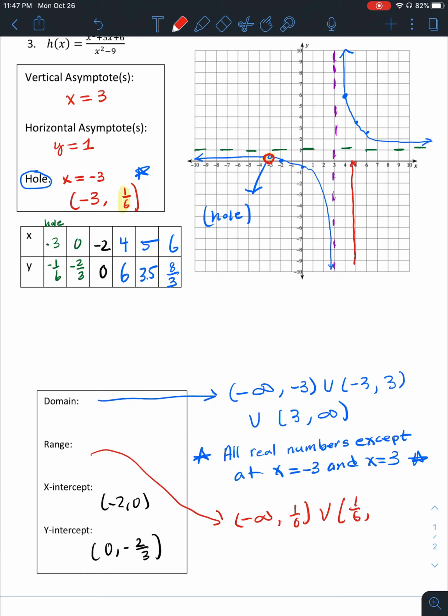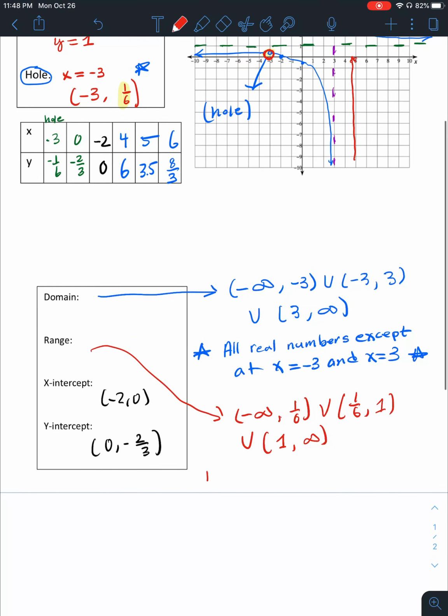And then you go from 1/6 to your horizontal asymptote because that's where you can't be 1. So you also put a 1, and then you go from 1 to infinity because we're good as we go above. And you can also write all real numbers except at y equals 1/6 and y equals 1.